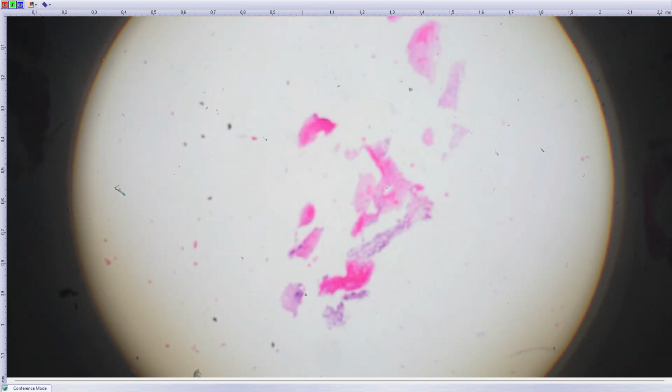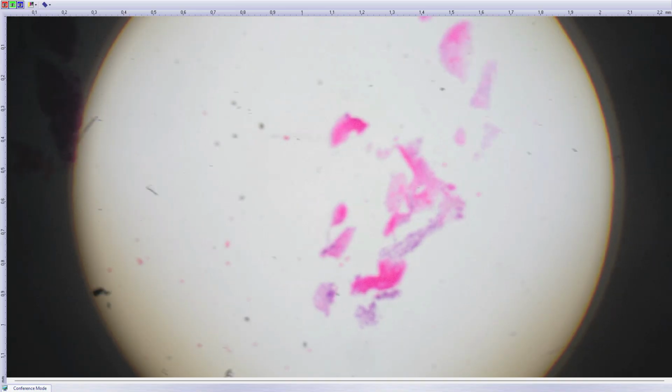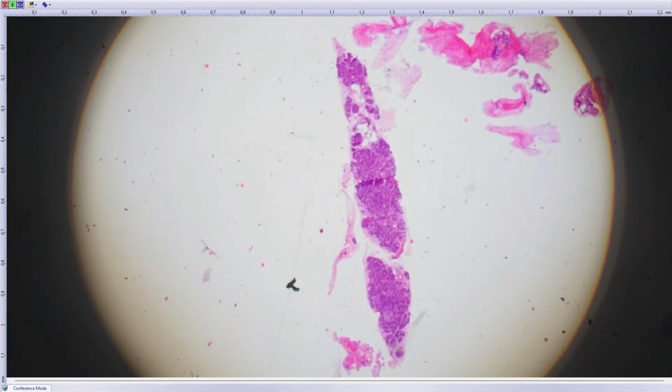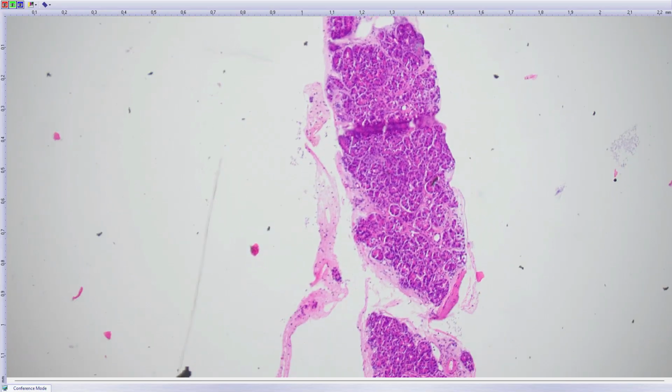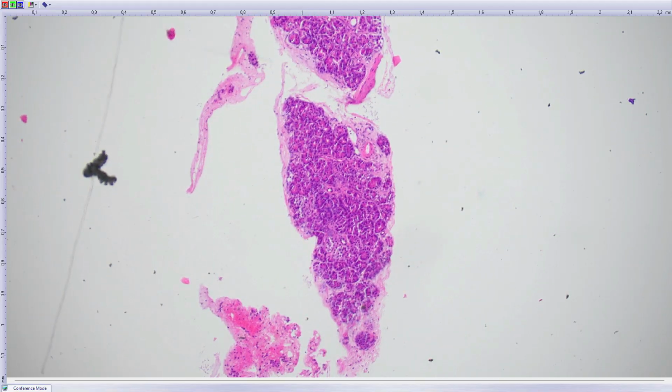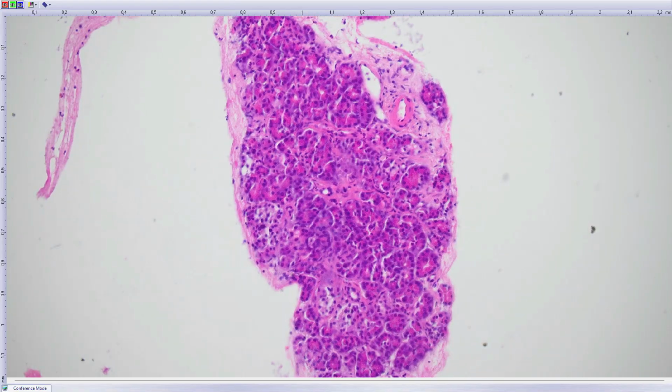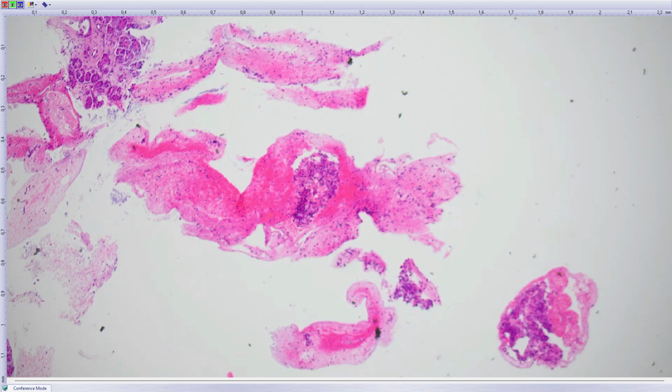It's a biopsy from a mass in the pancreas. I don't know the exact location. And you can see normal parenchyma here. So no real tumor here, but we've got something here.